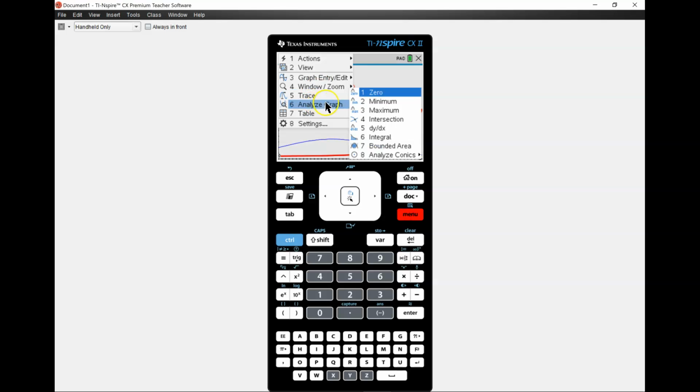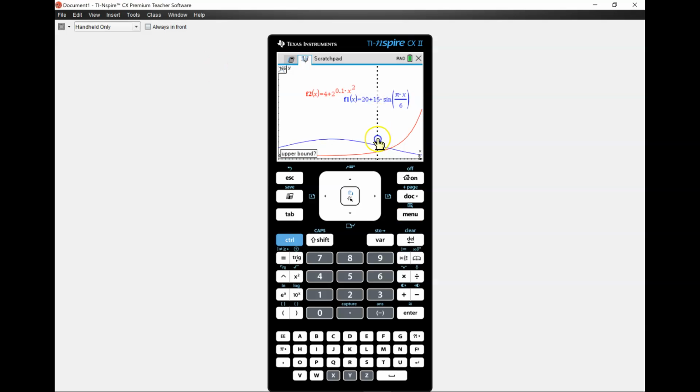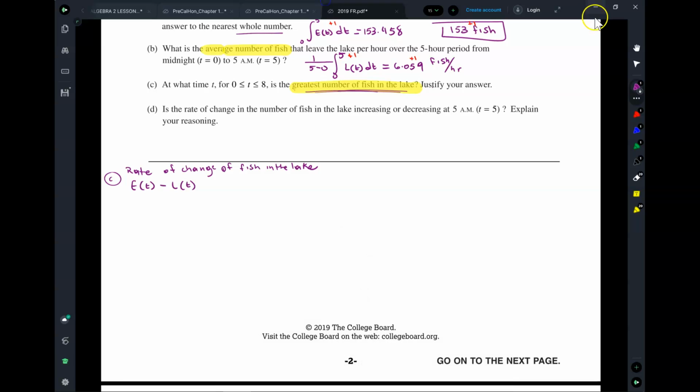Menu, analyze graph, intersection here. This is at 6.20356, okay? So the rate is equal to 0 at t equals, what was it? 6.204. Okay?